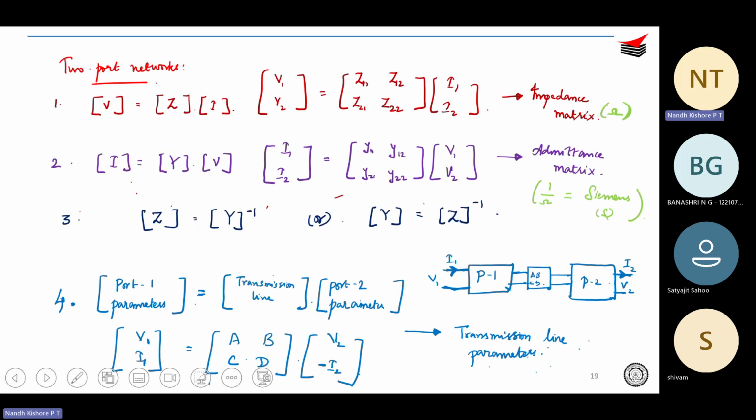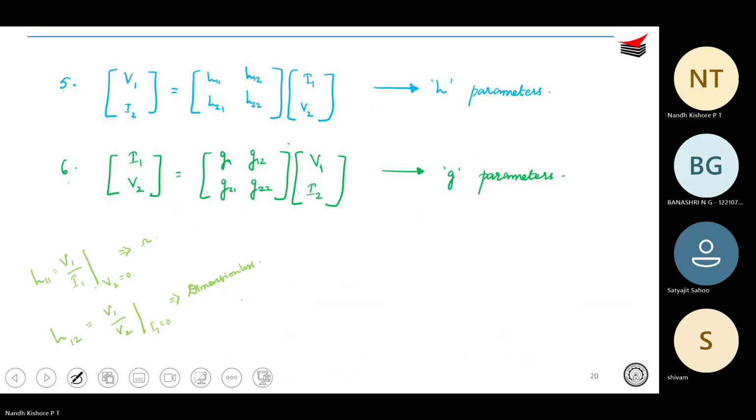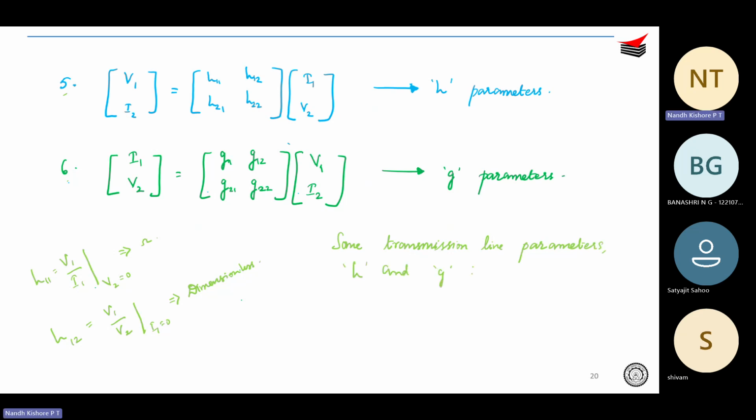That case arises for transmission line parameters and the H and G parameters. Some transmission line parameters, and H and G parameters, can be dimensionless.